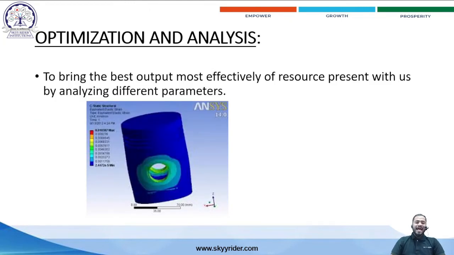Then the last part of CAD and CAE is CAE. CAE is for analyzing things, like how much pressure it can take. For this piston head we have over here, how much heat it can resist, which material will be best for the heat we are giving, and how much volumetric efficiency it will have.